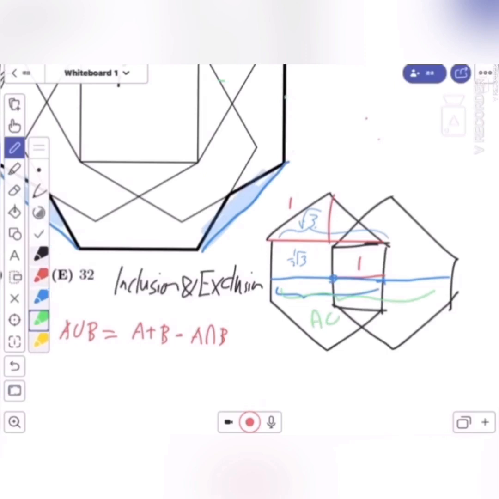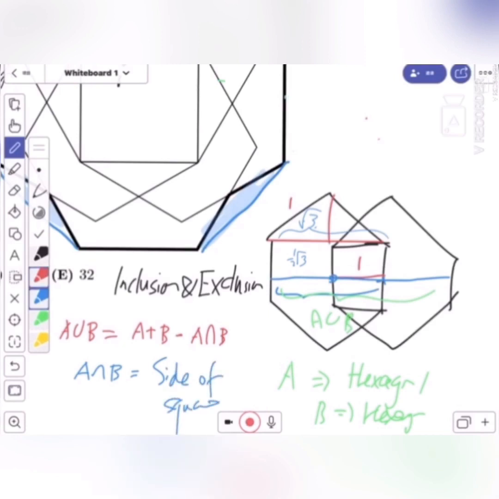If A is hexagon 1, B is also a hexagon, then the intersection of A and B is the side of the square, which is the part that's circled in green, right? So therefore we can just use this exclusion principle to find the total length across the octagon.